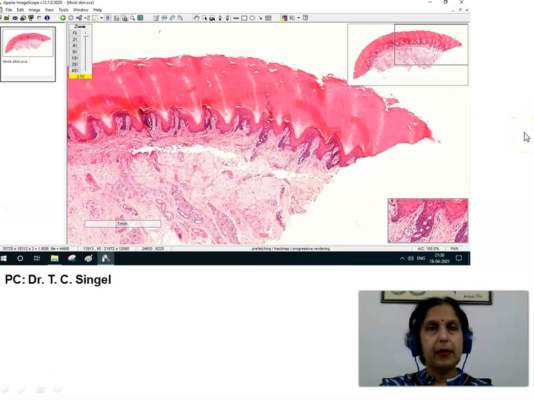We also have another clearer picture. This is a picture taken with the help of a software, that is the Aperio ImageScope software. We see here the different layers of epidermis. Clearly appreciate the dermal papillae and the epidermal ridges.